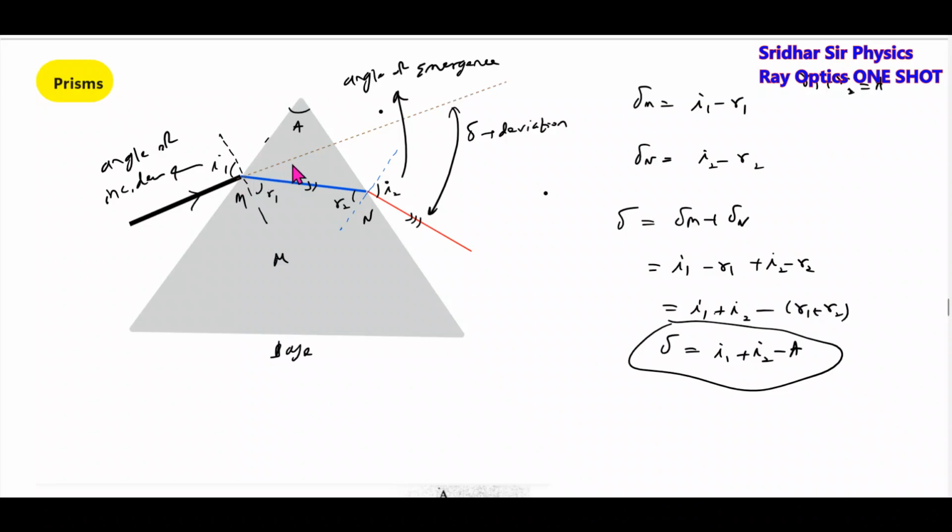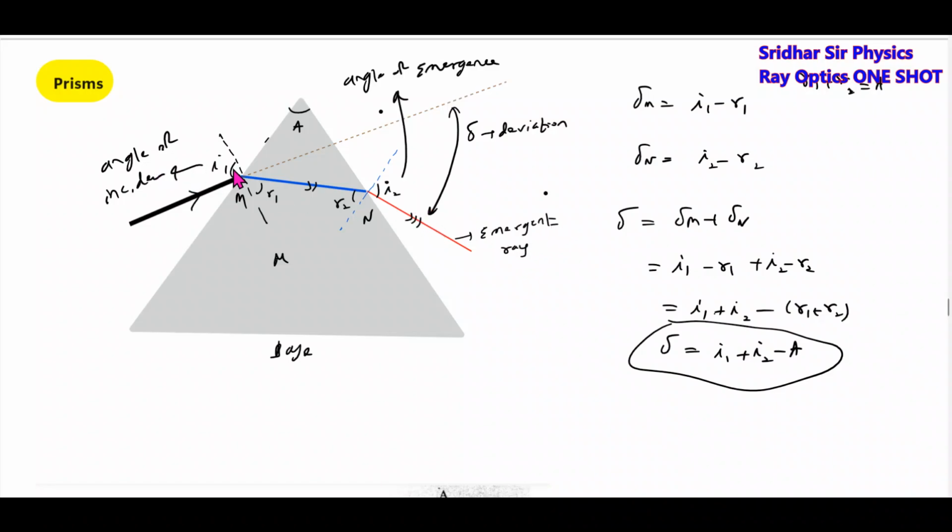The ray, instead of going straight, will undergo refraction. Let R1 be the angle of refraction. Then again this refracted ray will encounter a boundary. This will be the normal, it will undergo refraction, and this will become the emergent ray.